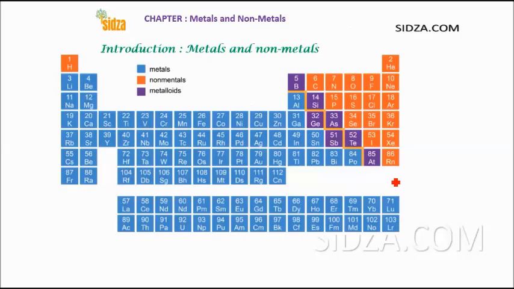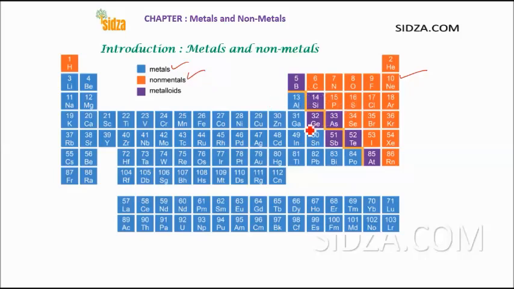If you look at the periodic table, we can see here that most of the elements are metals, right? You can see these elements in this color. These are the metals, and these are non-metals.